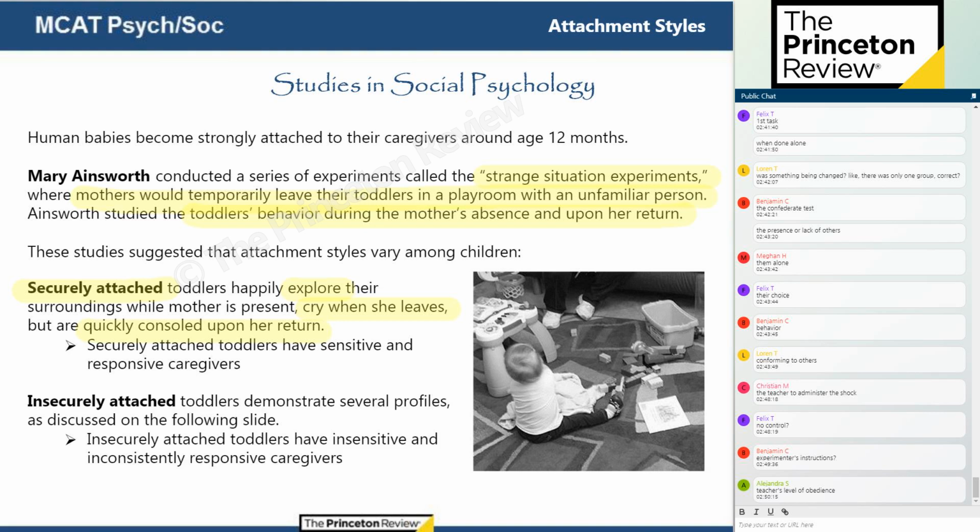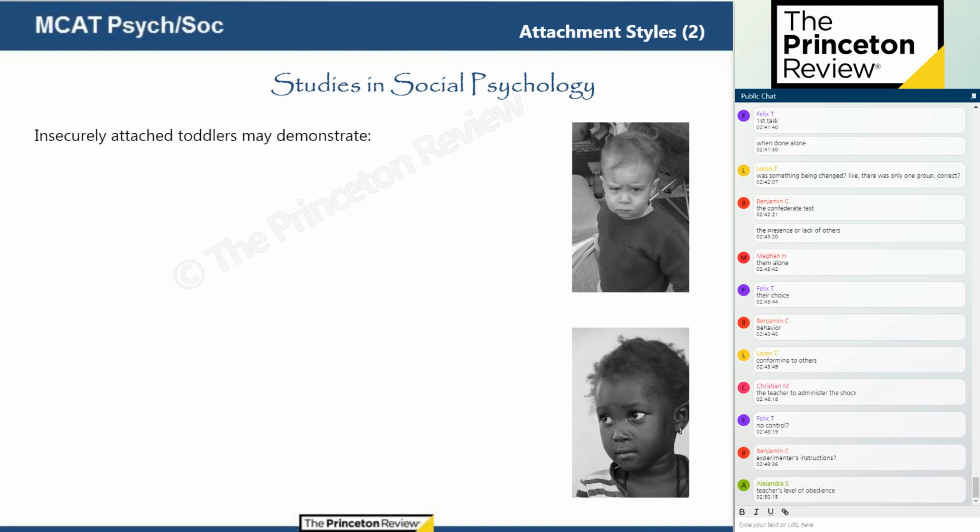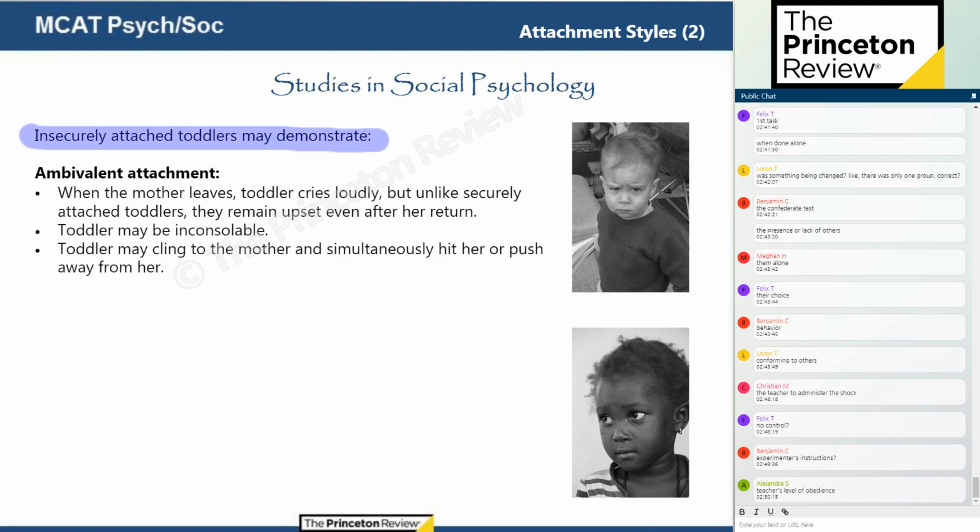On the other hand, insecurely attached kids had other behaviors than what was just described. And their caregivers were not nearly as sensitive or consistent. So insecurely attached kids demonstrate either ambivalent attachment.